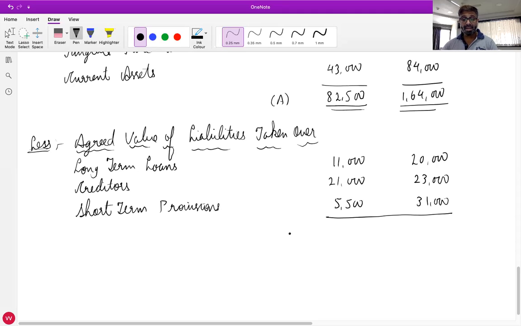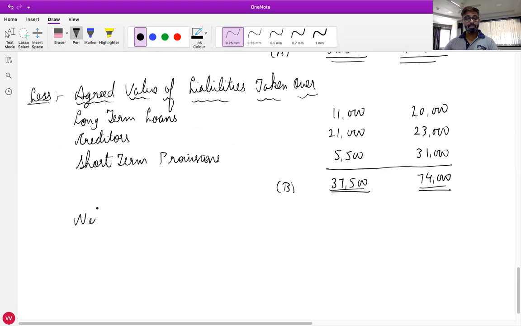So what is the total agreed value of liabilities taken over? 37,500 and 74,000. So what are net assets?